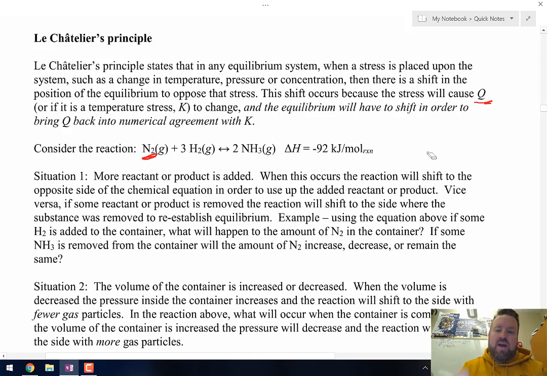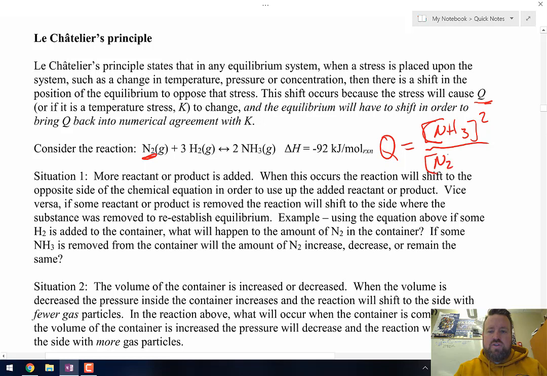Let's think about that in terms of Q. Q is the concentration of NH3 squared, over the concentration of N2 times the concentration of H2 cubed. If you add some nitrogen, the concentration of nitrogen went up.